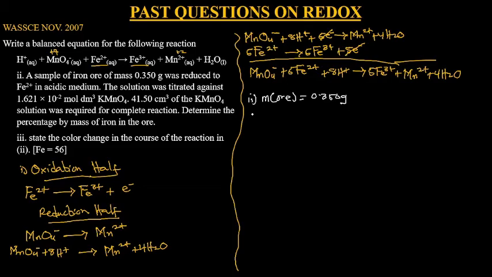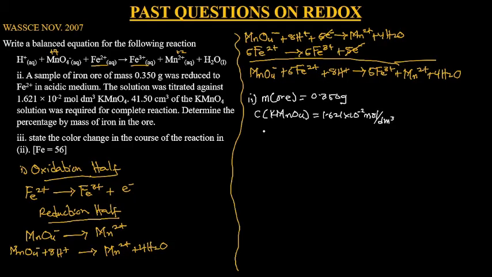Okay, so we have the concentration of KMnO4 to be 1.621 times 10 exponent minus 2 mole per dm³.